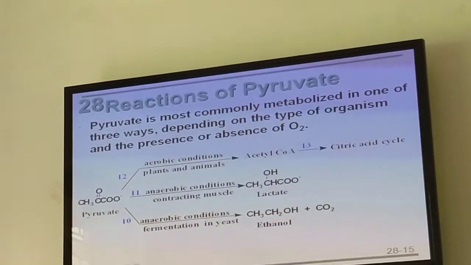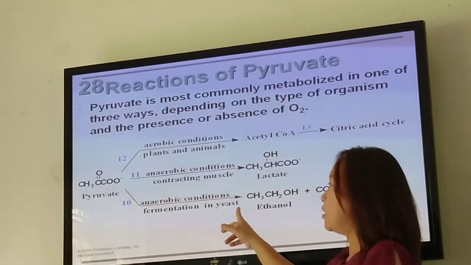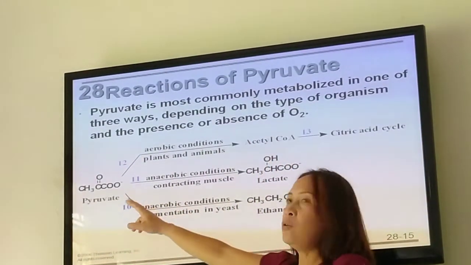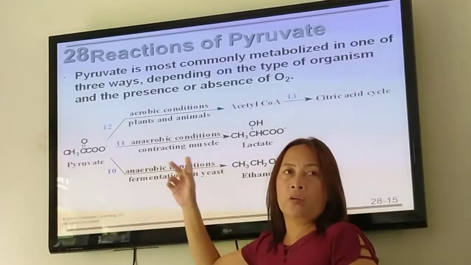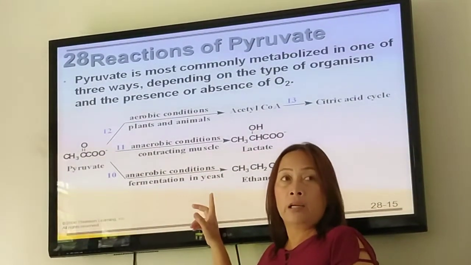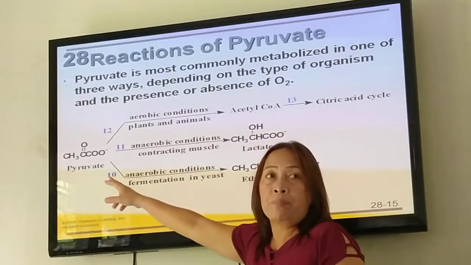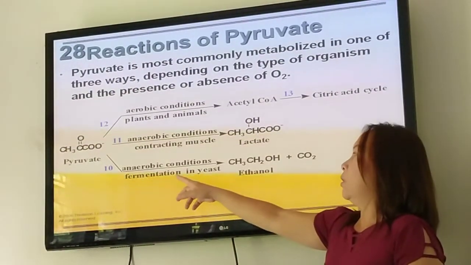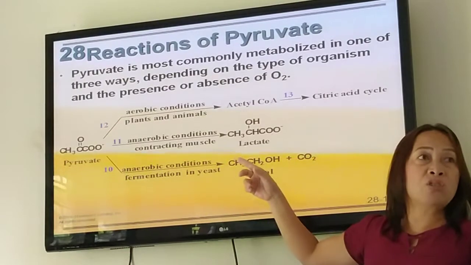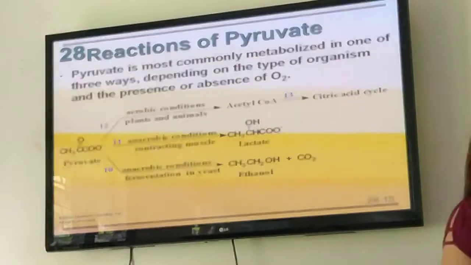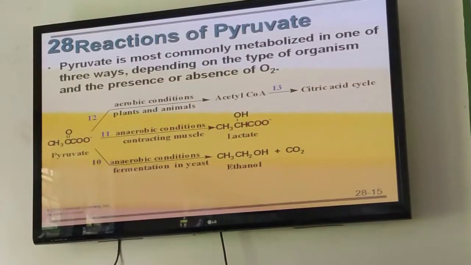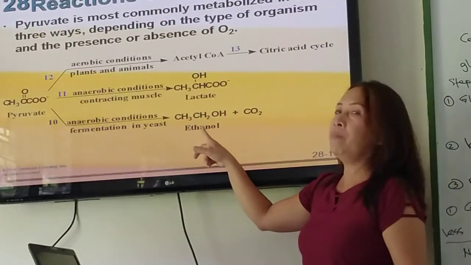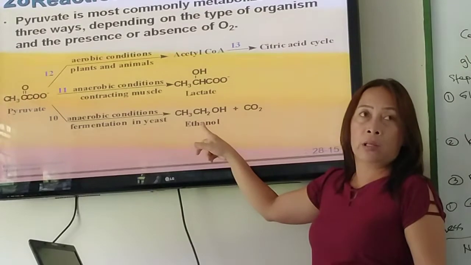After glycolysis, of course, the yeast undergoes glycolysis, and there is formation of pyruvate. Now, the yeast will undergo alcoholic fermentation. During alcoholic fermentation, the pyruvate is converted into ethanol ultimately.